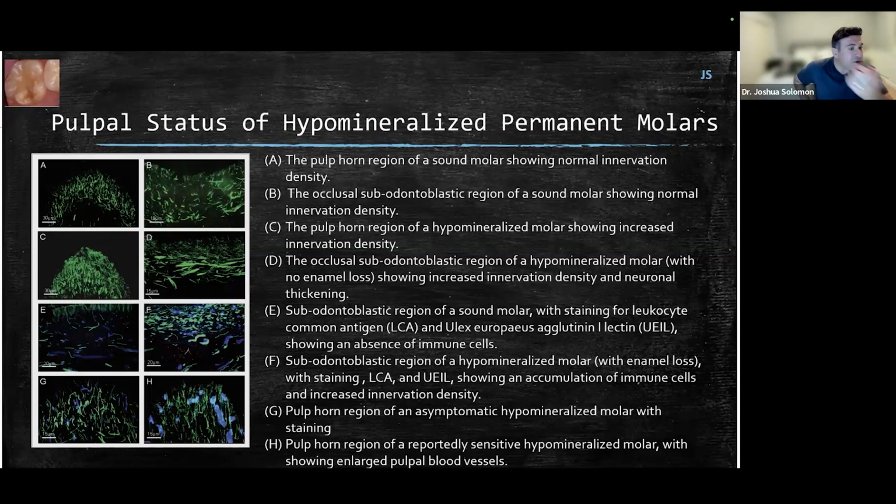If you look at these, I don't know if these are SEMs, but if you look at the difference of the pulp horns, basically what we see with hypoplastic teeth is, number one, we know the teeth are more porous, right? So that cold or hot is going to perfuse through the tooth easier. But these teeth are in this constant stage of inflammation. So what does that mean?